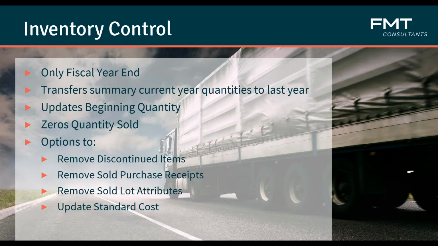And so things like discontinued items, well, if you're not going to reactivate them and start selling or buying them and so on, maybe you do want to remove those from the item master, and so the sold purchase receipts, etc. But we have a number of clients that are in the life sciences sector and others that are doing lot controlled items, and they need to be able to track not only the quantities and the lots that they have in inventory, but when they sell something, what was the end customer that received that lot.